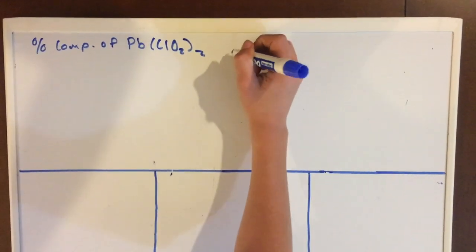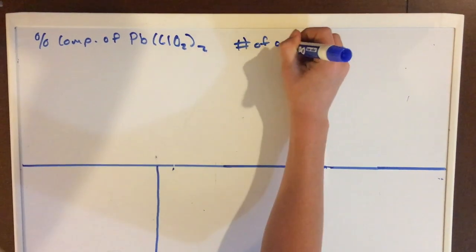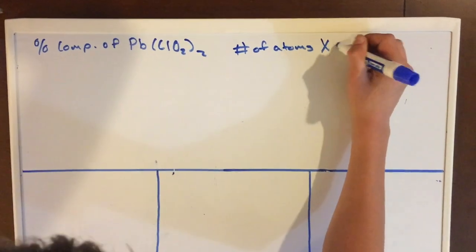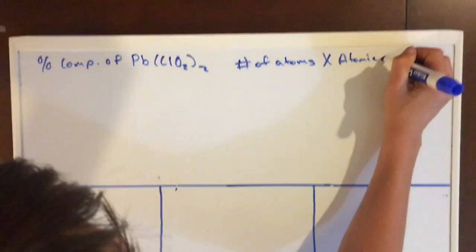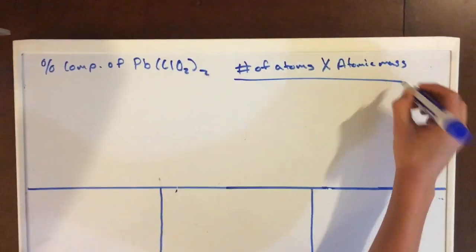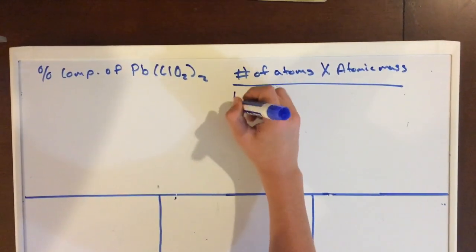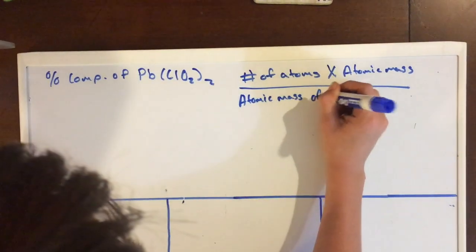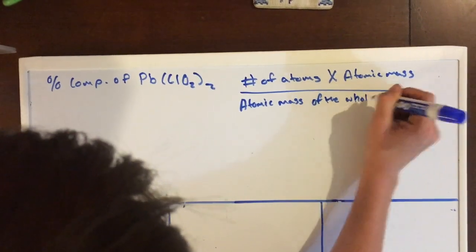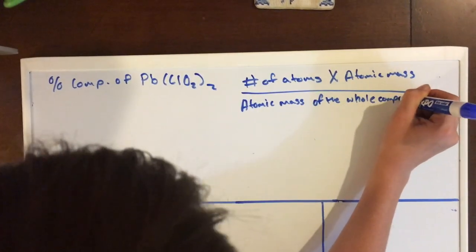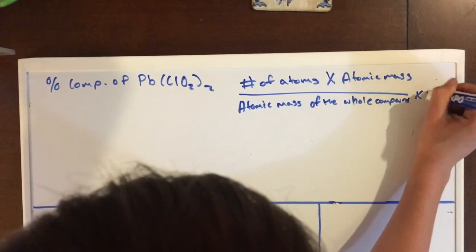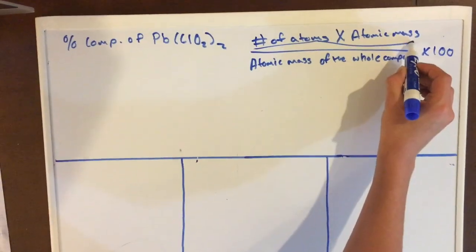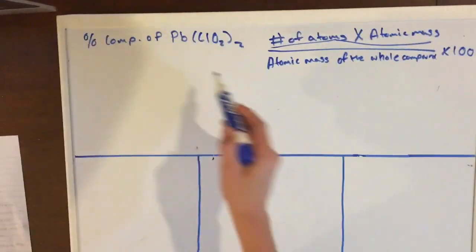This formula is the number of atoms multiplied by the atomic mass all over the atomic mass of the whole compound, all multiplied by 100. And for these two, you'll have to multiply the atoms and the atomic mass. It's for a specific element that you're trying to find in the compound.